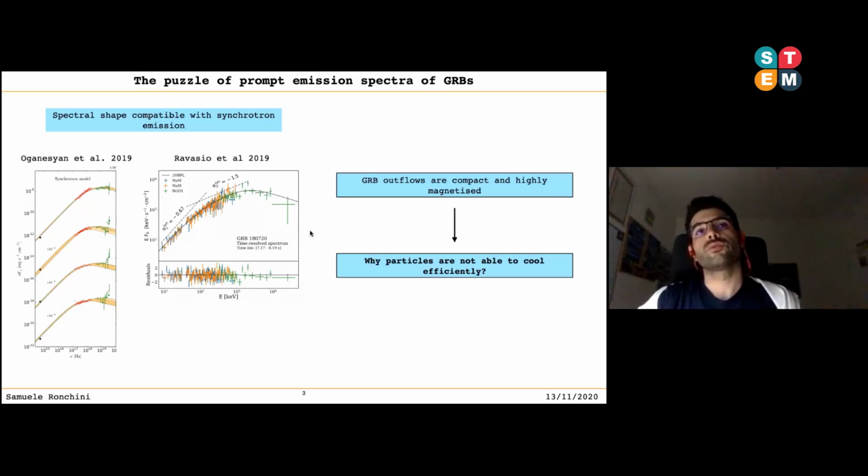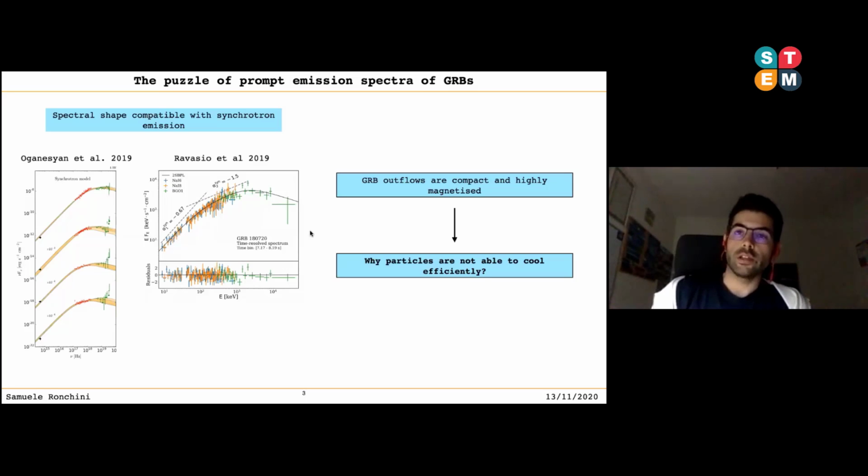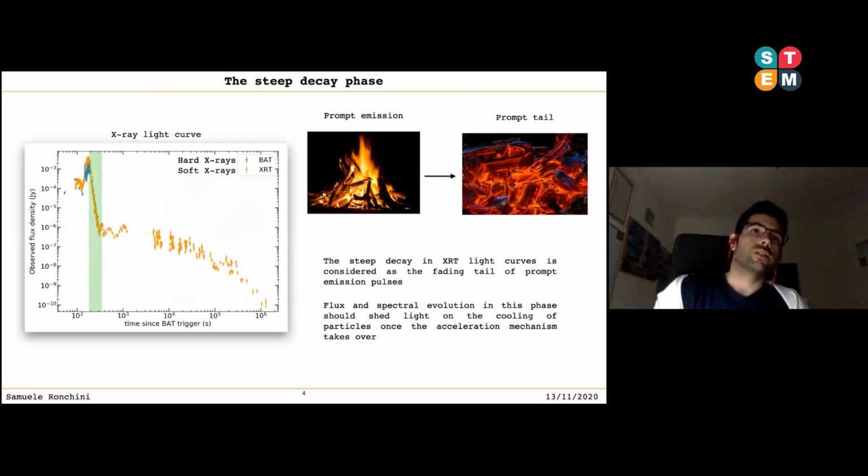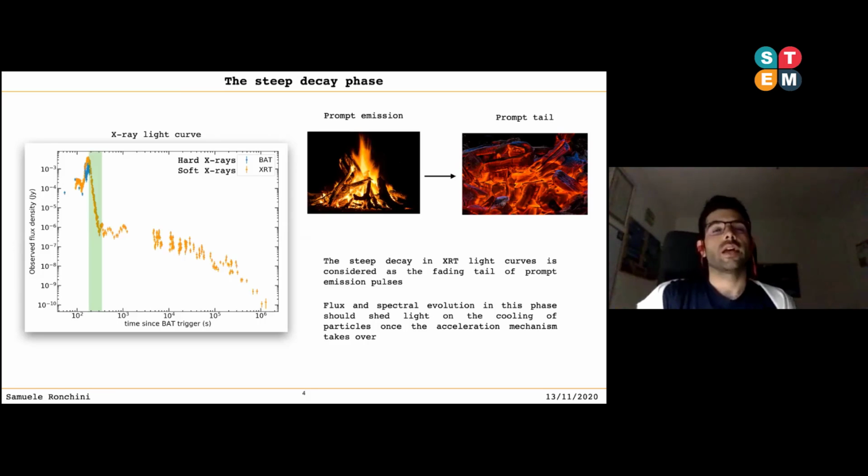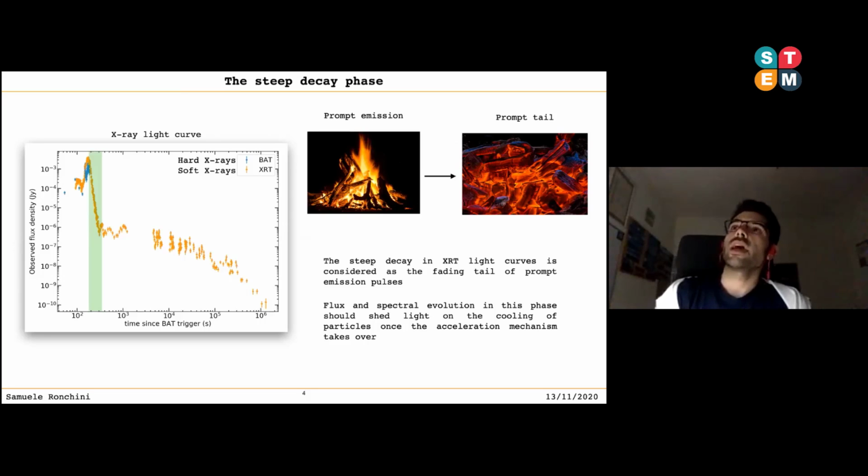In order to further investigate this problem, we tried to study a specific phase in the X-ray light curve of gamma ray bursts, which is known as the steep decay phase. You can imagine that if the prompt emission is like a fire, highly variable and highly energetic, the steep decay, which is the tail of the prompt emission, is like the light coming from the coals left after the fire.